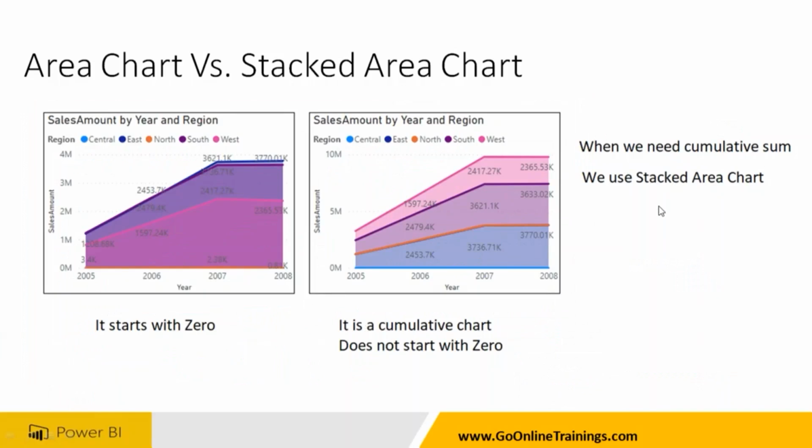For example, I want to know what is the sales of 2005 and 2006. The total sales, the cumulative figures are going to be displayed here. So these numbers are something different. Cumulative figures it is going to be showing. If you want to have cumulative figures, then only we are going to use stacked area chart, but we don't use this kind of charts.